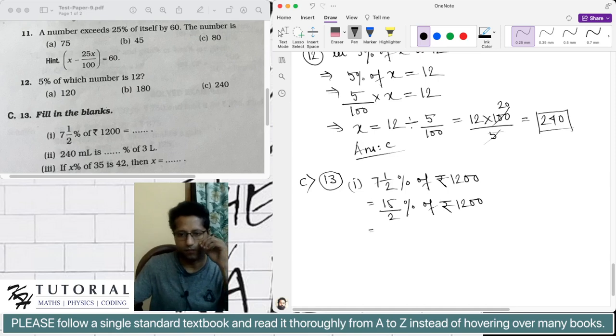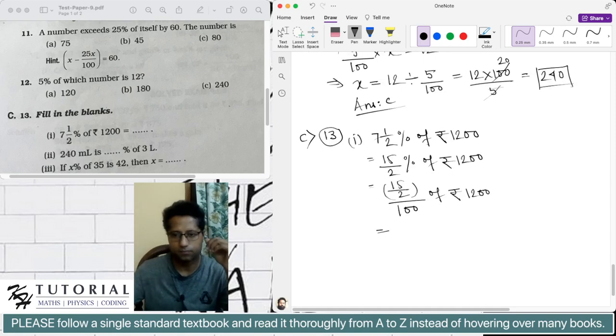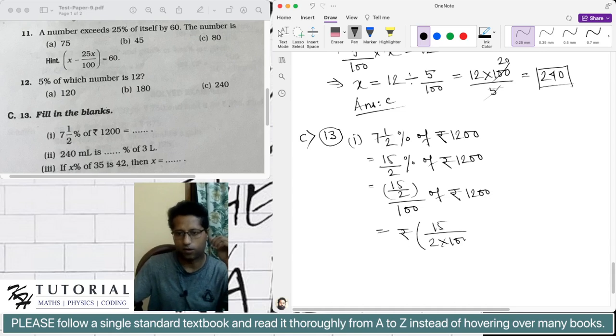So we have 15 by 2 as a percentage of rupees 1200. Now 15 by 2 percentage means 15 by 200 of rupees 1200. Now this will be equal to rupees 15 by 2 divided by 100, which is 15 by 2 multiplied by 100, and of operator means multiplication, so you have multiplied by 1200.